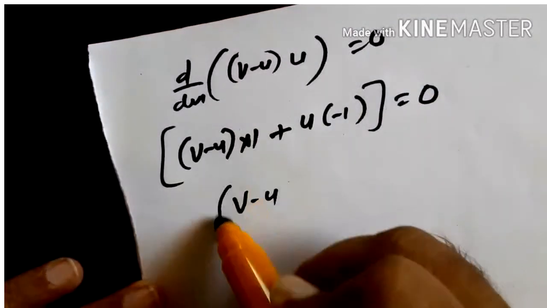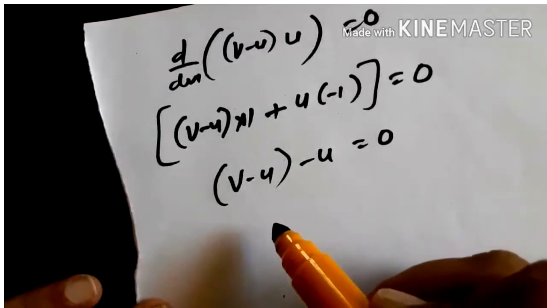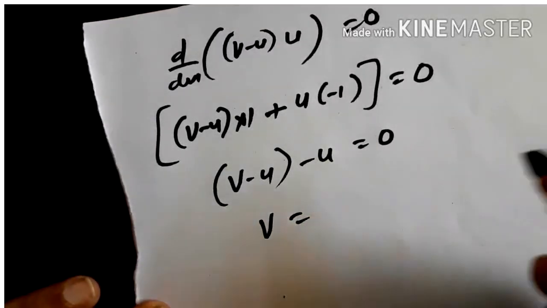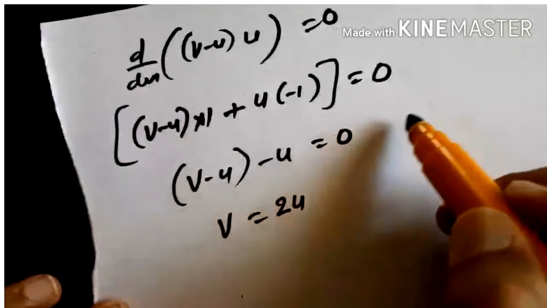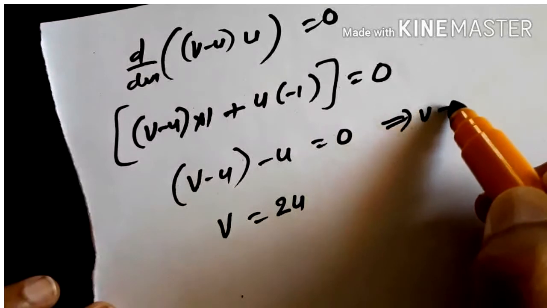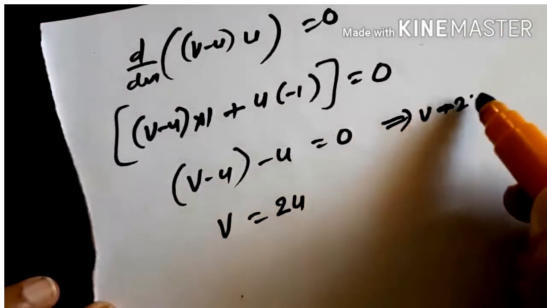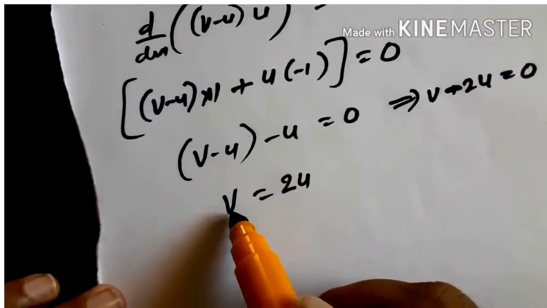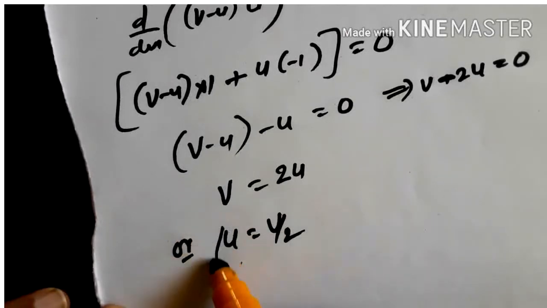Then v minus 2u equals 0, so v equals 2u, or u equals v by 2.